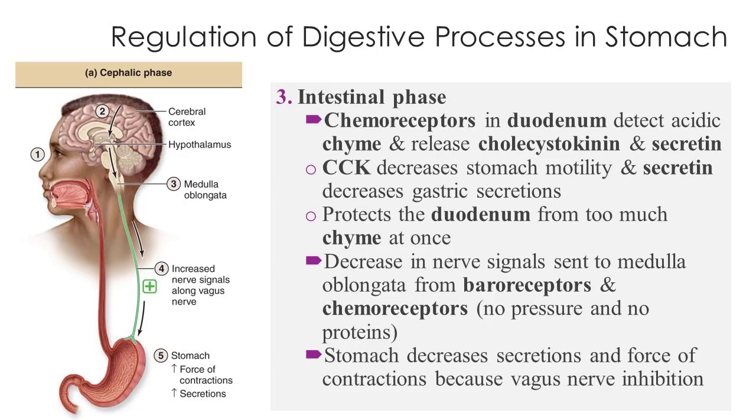We're going to inhibit the vagus, which is going to stop signaling that gastric phase. So once we get into the intestine, the feedback coming to the medulla is going to inhibit what's going on in the stomach and shut that down because there's not much left to do in the stomach. We've already processed that material.